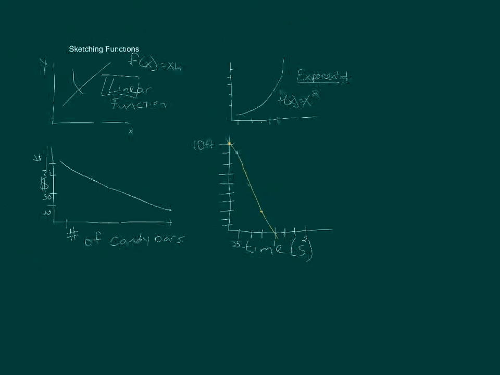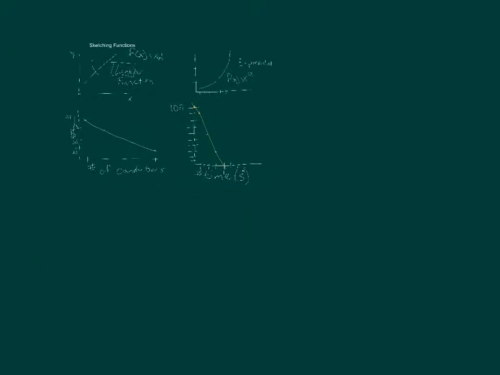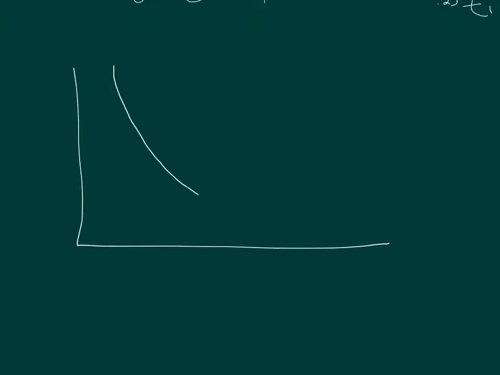A lot of times, you won't really be given the numbers. Instead, you'll just be given a picture of a graph. So let's look at the picture of this graph. And we can look at this graph and see, does it have a positive or negative slope?